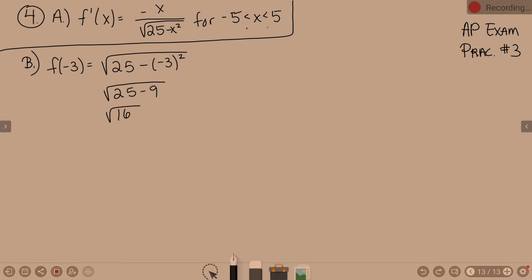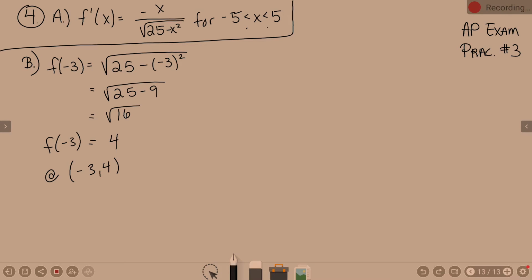The square root of 16 is 4. So what we know right now, in the original function, when x equals -3, the y value is 4. Or in other words, what is this point? -3, 4. So our point we're going to be at is -3, 4.